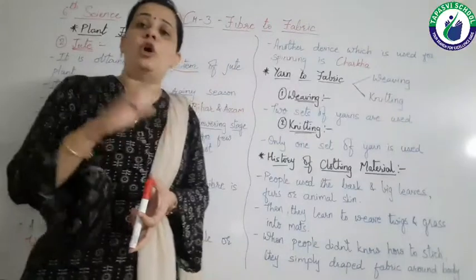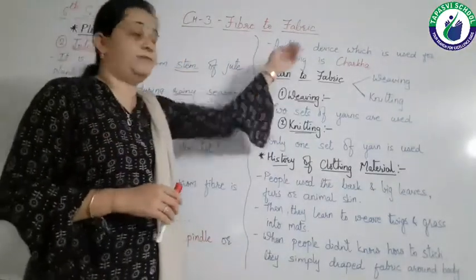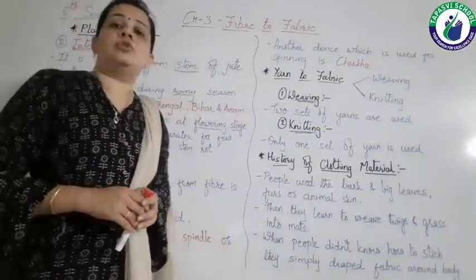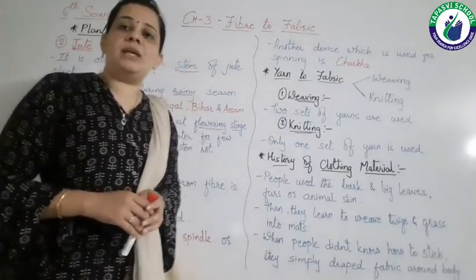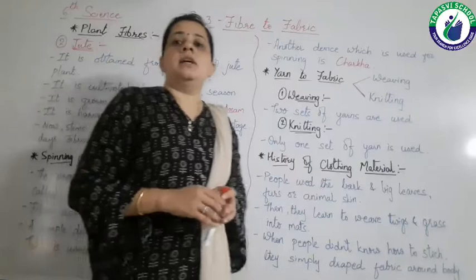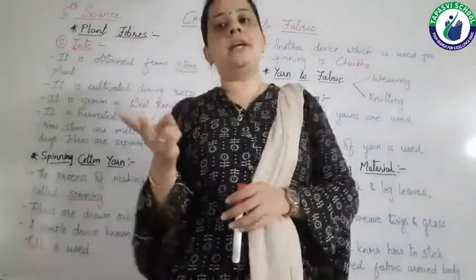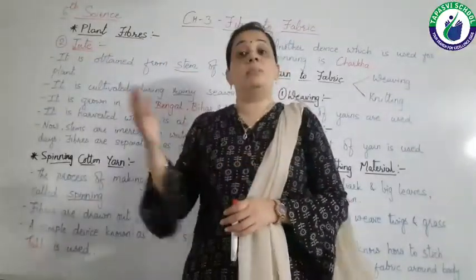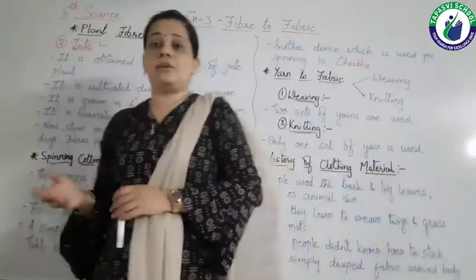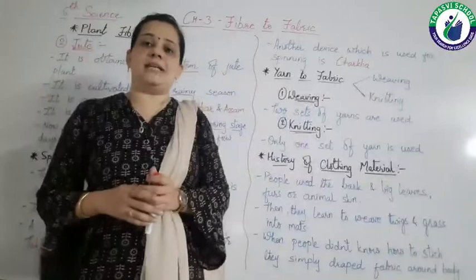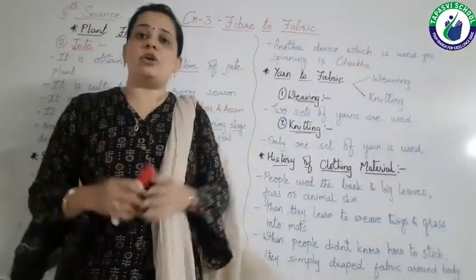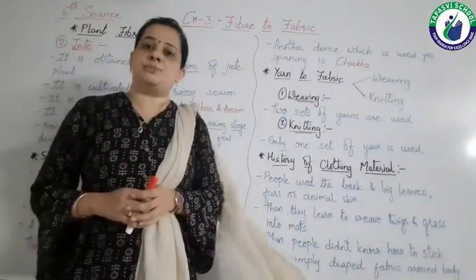So he told all Indians to use charkha for spinning and to wear khadi. Right? Spinning can be done with hand spindle or takli and charkha. But nowadays in the big factories we have to make so much yarn. That's why machines are also available for spinning.